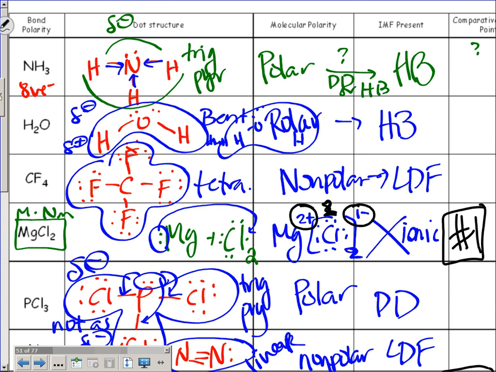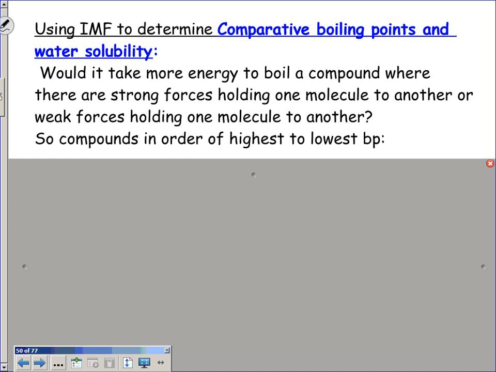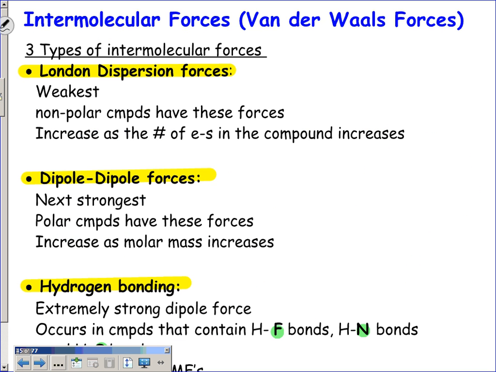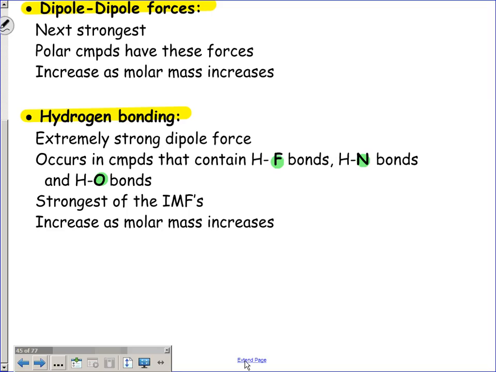So here's what you have to do to compare those. And I skipped this part earlier because I wanted to get to this part first. So what do you have to do to compare these? Right here, on your little table at the top where you have your London, dipole, and hydrogen bonding, write down this: for hydrogen bonding, the strength of the hydrogen bond increases as your molecular mass, or molar mass, or just weight, increases.